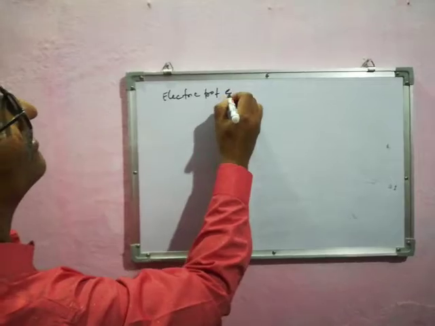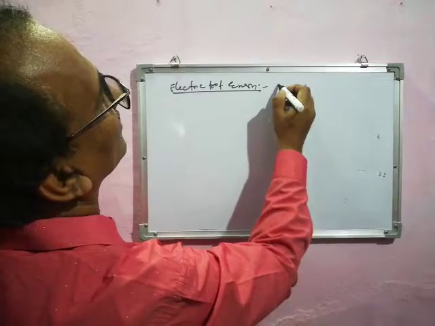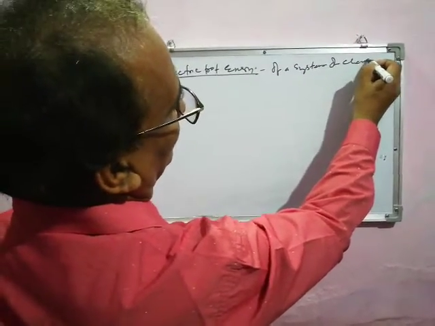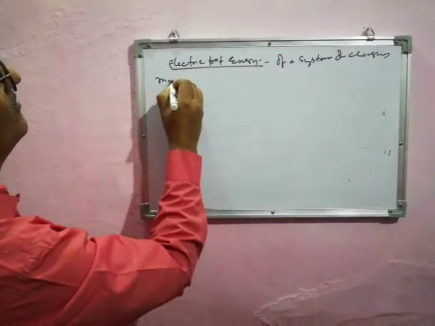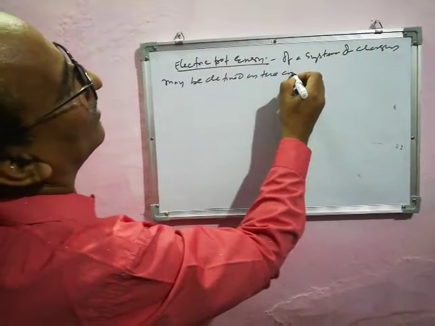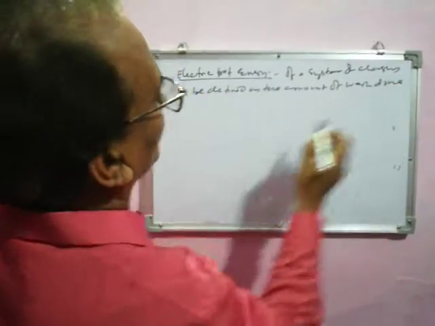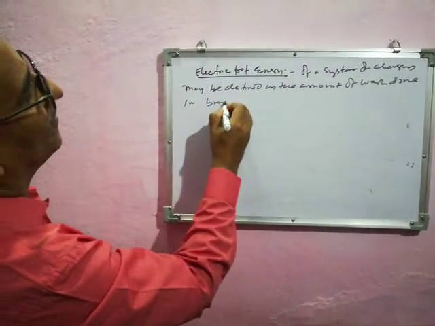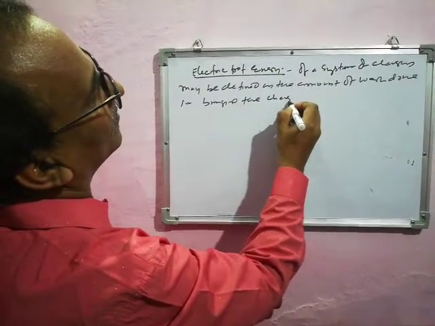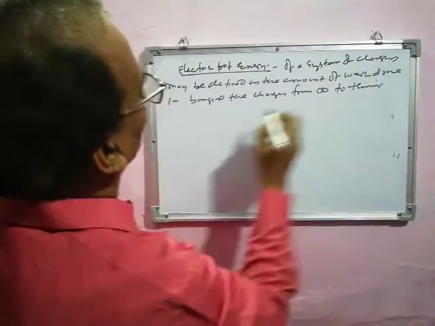Electric potential energy of a system of charges may be defined as the amount of work done in bringing the charges from infinity to their respective positions.